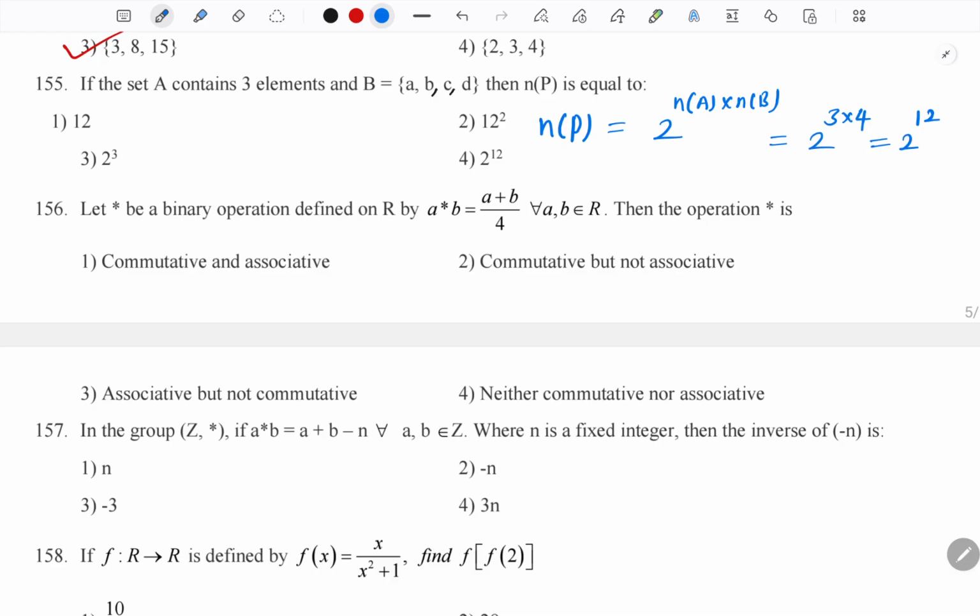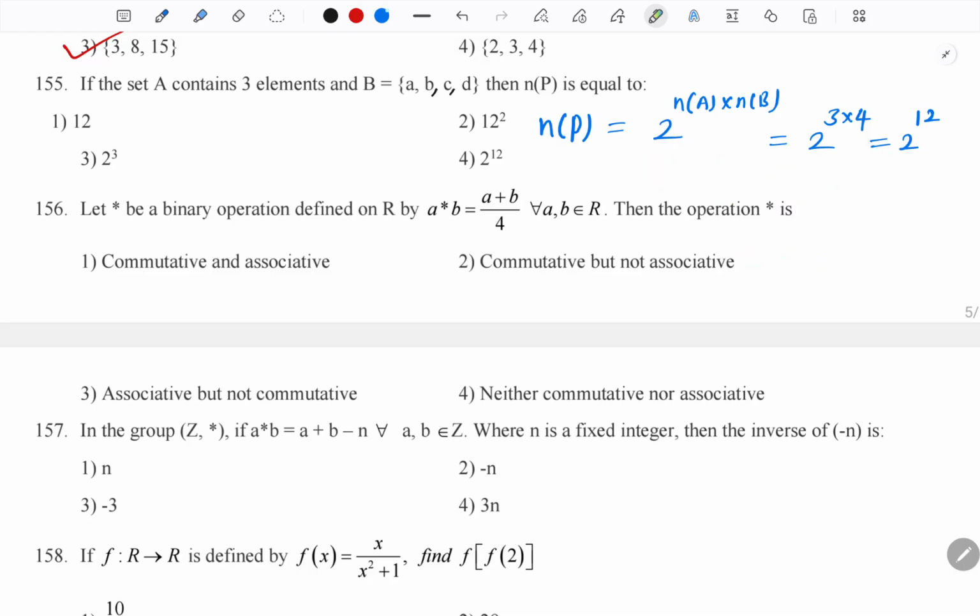If I multiply 1024 by 2, it is 2048, right? Multiply by 2 again, 4096.